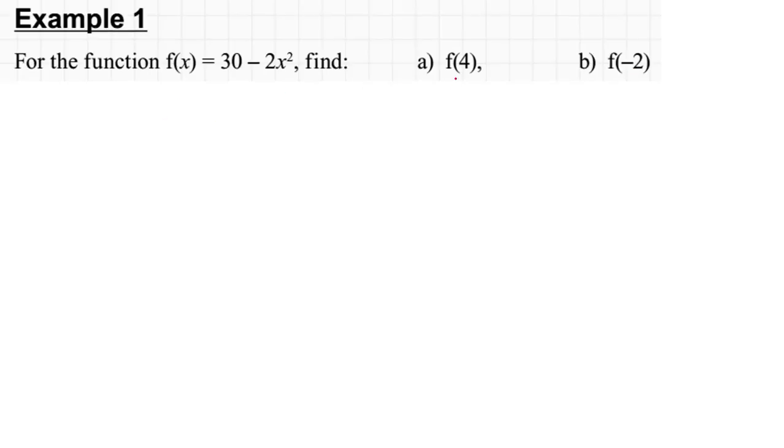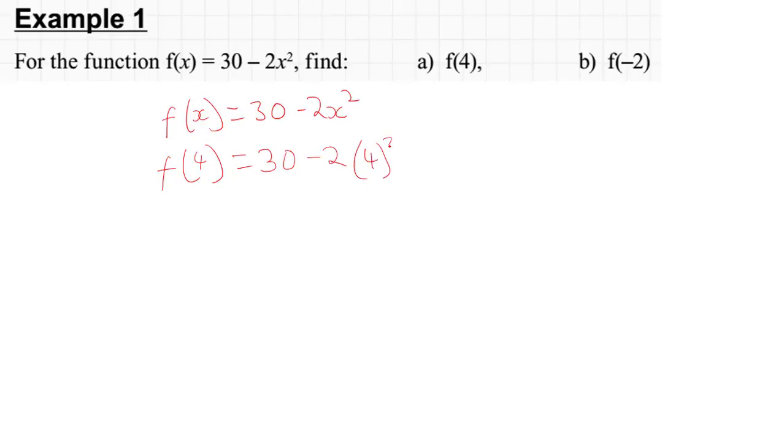So in your working out, you're going to say, first of all, f of x equals 30 minus 2x squared, and that's a general function. Then where x is, you put 4. You sub in 4. So you're going to have 30 take away 2. I normally put a bracket here, and then I put 4, close the bracket, then square it.